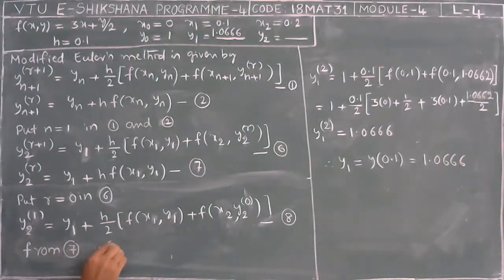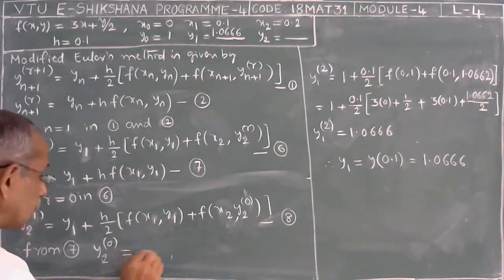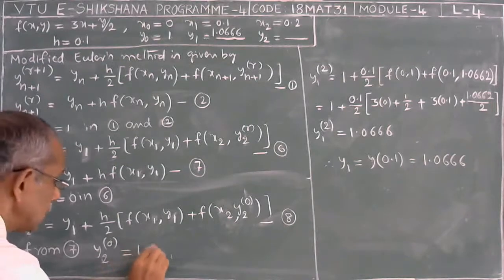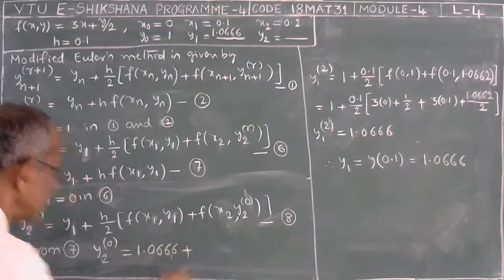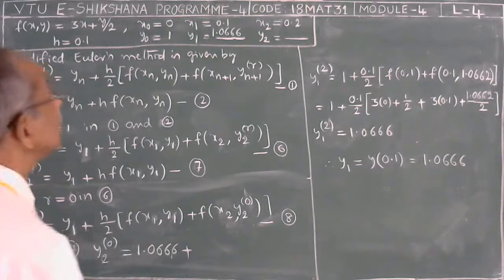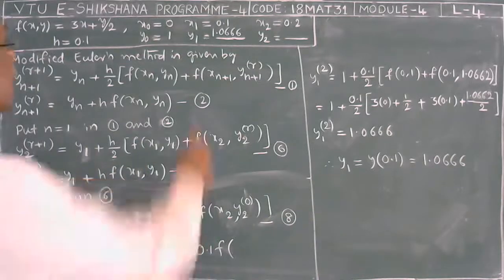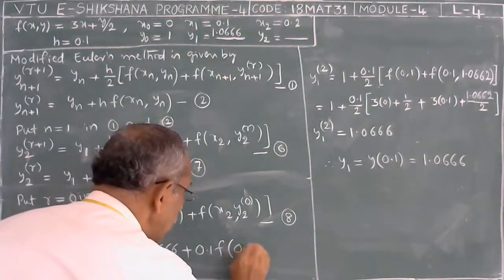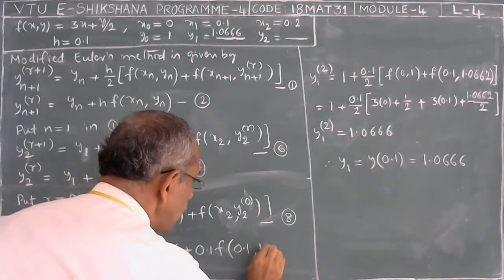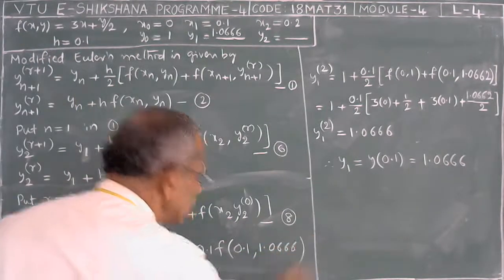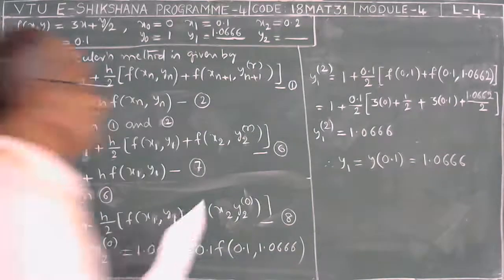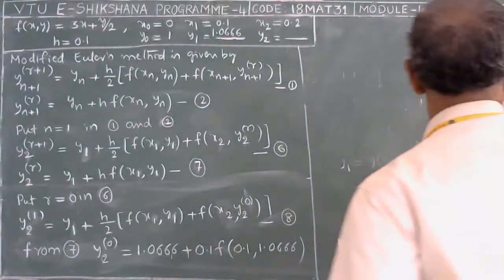From 7, y2 0 is equal to y1, which is 1.0666, plus h, which is 0.1, into f of x1 comma y1, that is 0.1 comma 1.0666. Now let me apply the definition of f of x comma y.